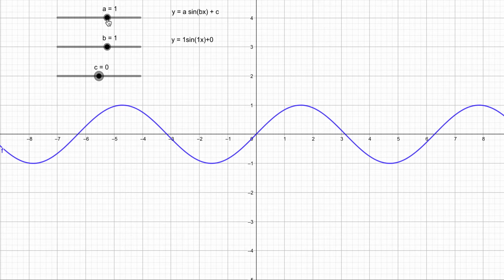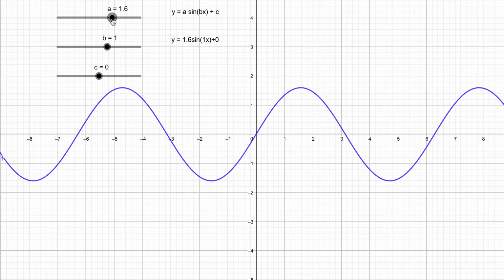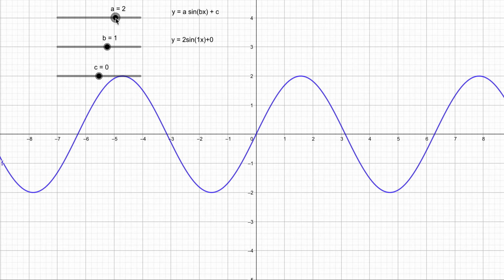Okay, A is also quite easy-ish to spot. So what I'll do is I'll start to make it bigger, and what you should hopefully see is that before, the sine curve started at 0, 0, and at 90 it was at 1, but now it's at 2. At 180 it's still 0, at 270 it was 1, it's now at 2, at 360 it was 0, and it's still 0.